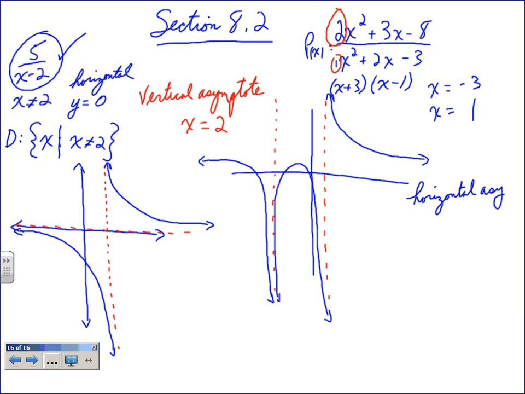And so your horizontal asymptote is y equals 2. You're just looking at the coefficients. And if you check out what I did here, you can kind of see that this is raised up a little bit. I did that on purpose.